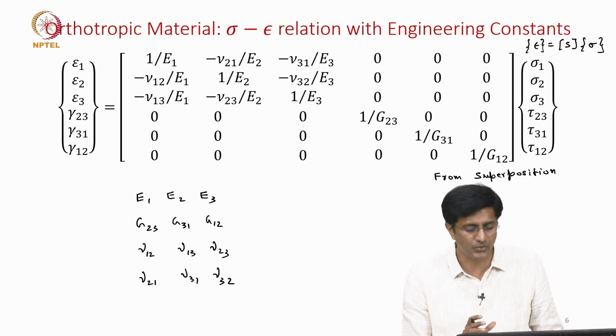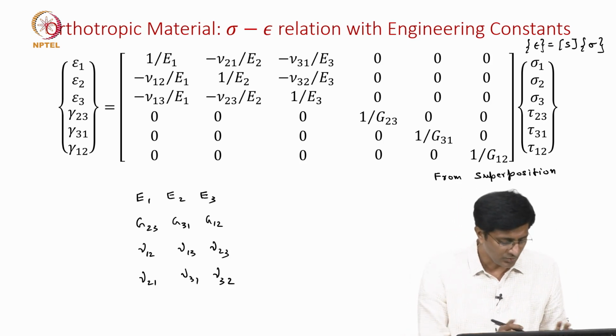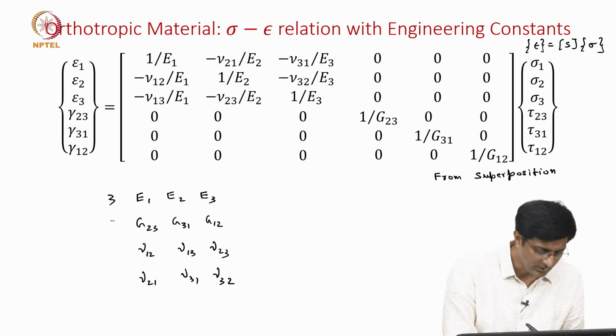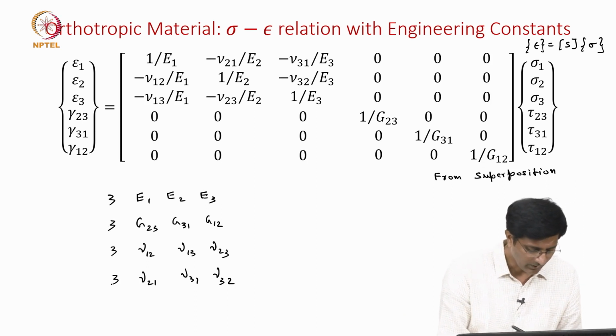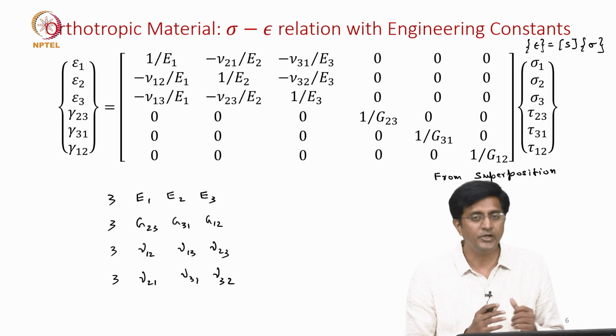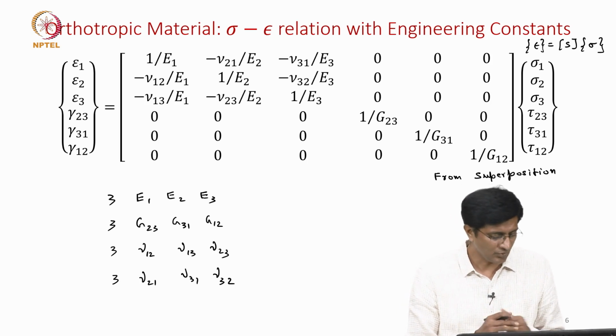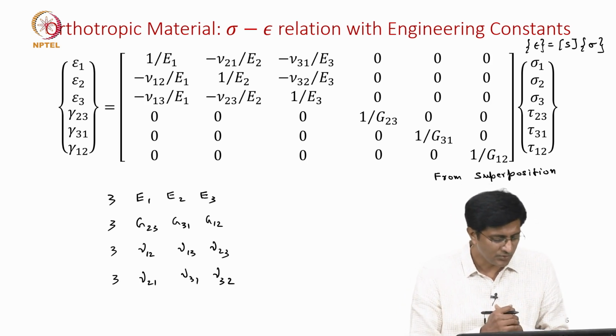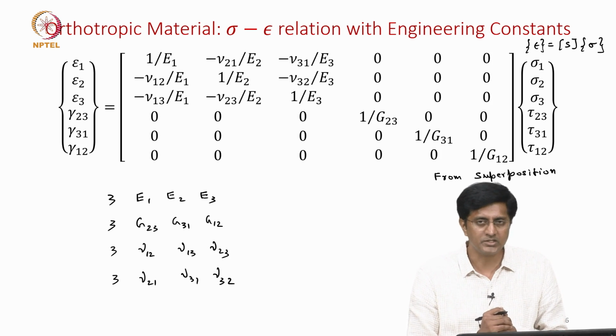But here is a question to ask. Here we have 3 each, but are these all independent of each other? Which means, here I have shown you 12 engineering constants. Are all of these independent of each other?